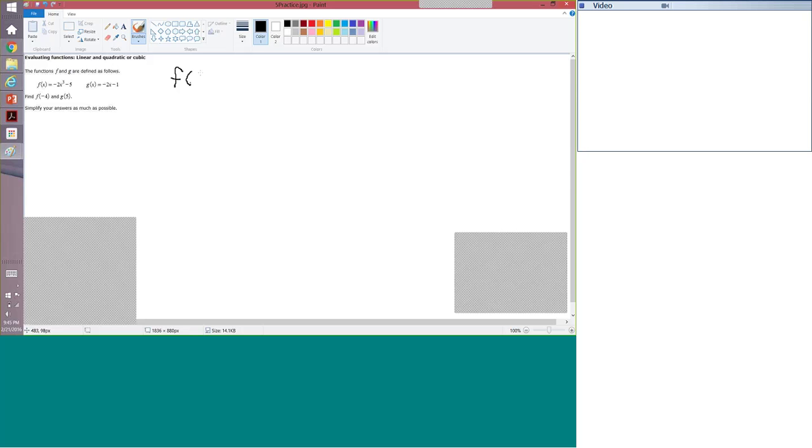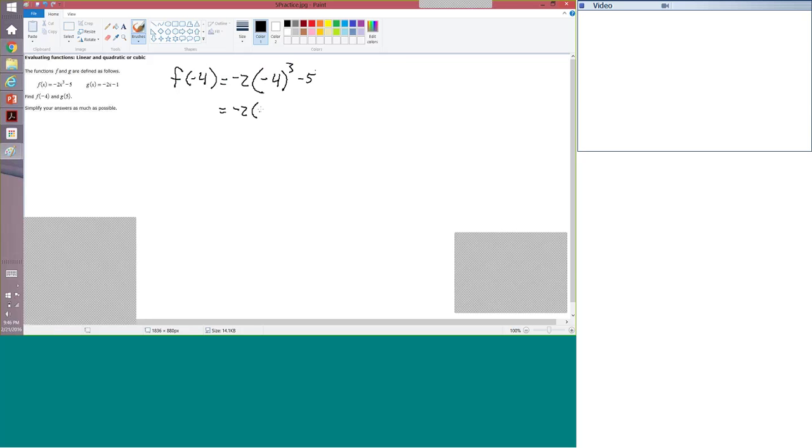So our f of -4 is going to be -2 times our x, which is -4, cubed minus 5. -4 cubed, -4 times -4 is +16, times another -4 would give us -64.